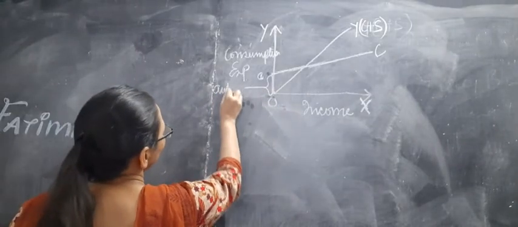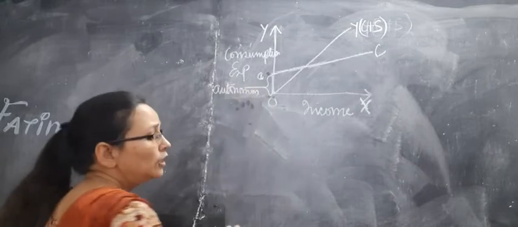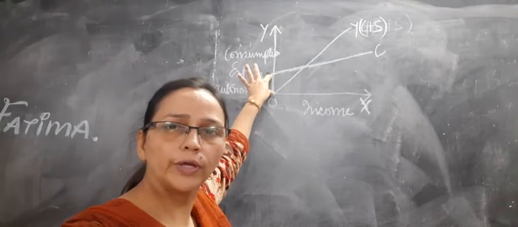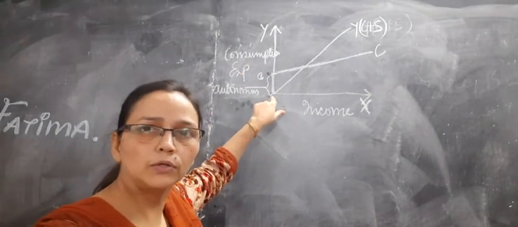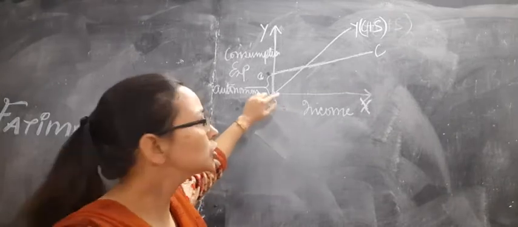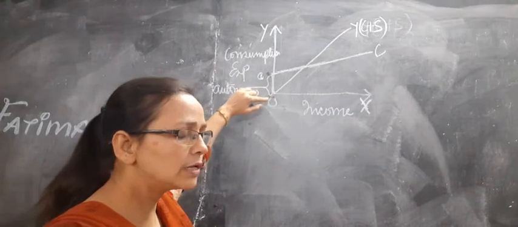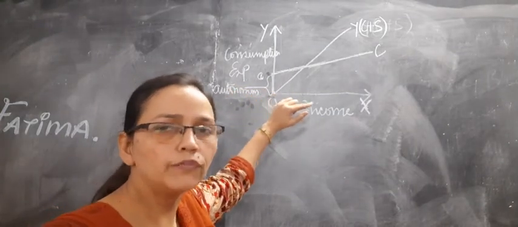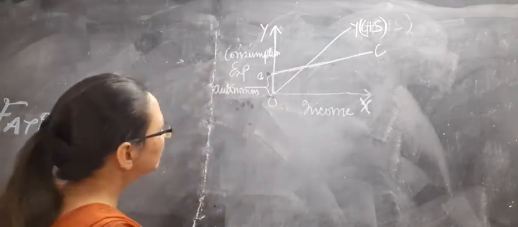Yesterday we talked about it. Autonomous consumption is not a function of income, because there is no income right now; we are at 0 level. It is not influenced by income, right?